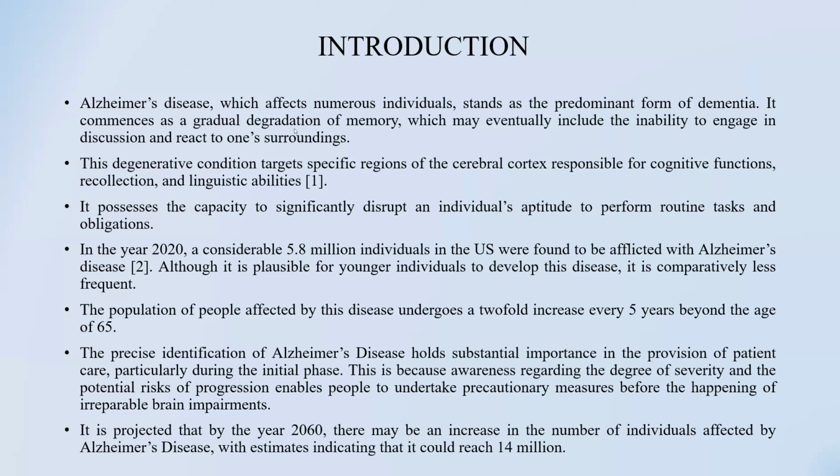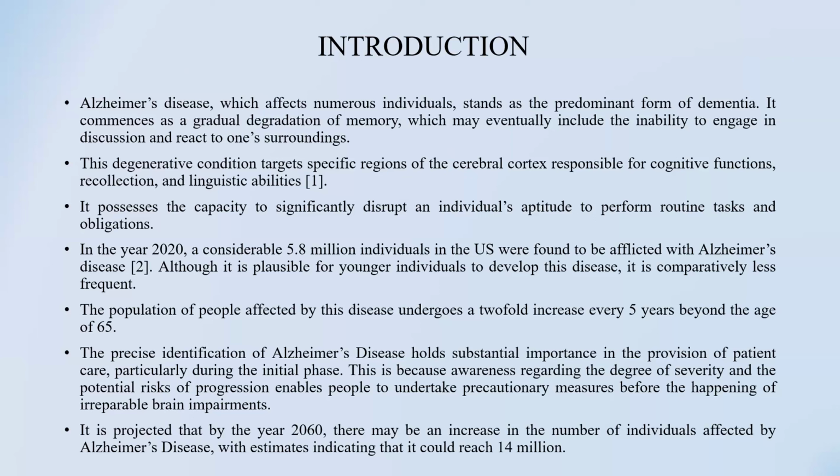Alzheimer's disease, which affects numerous individuals, stands as the predominant form of dementia. It comes as a gradual degradation of memory, which may eventually include the inability to engage in decisions and react to one's surroundings. It possesses the capacity to significantly disturb an individual's aptitude to perform routine tasks and obligations.